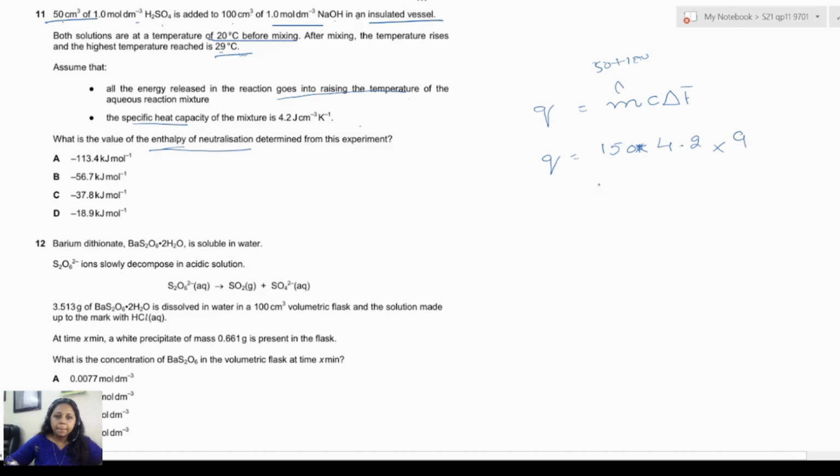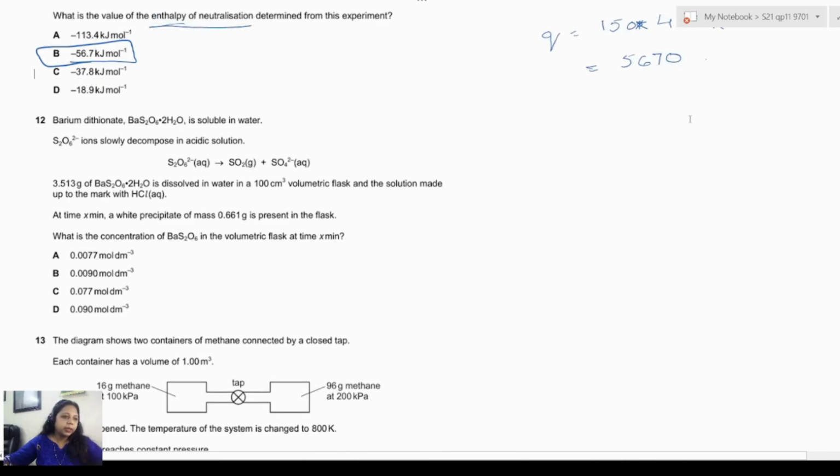Multiply all these values and you'll get the answer of 5670. So let's convert this into kilojoules, so it would be 56.7 kilojoule per mole. So this is your answer. It's quite simple. It's not that hard. You just need to calculate.